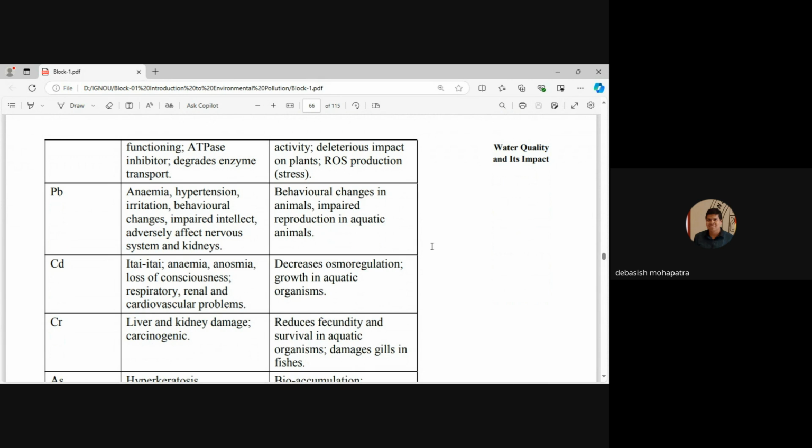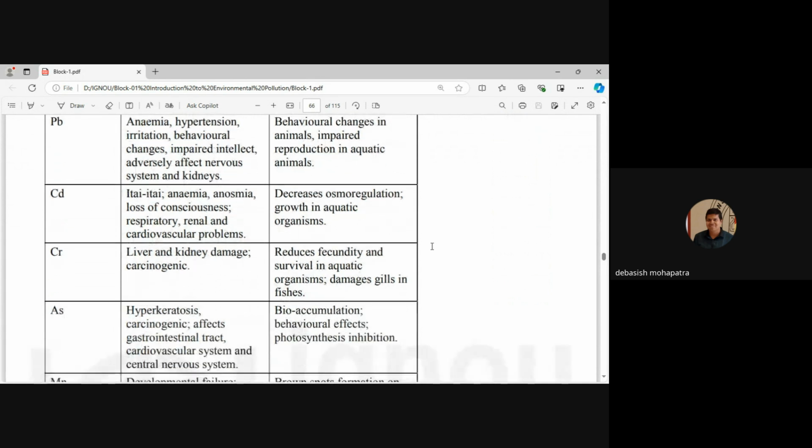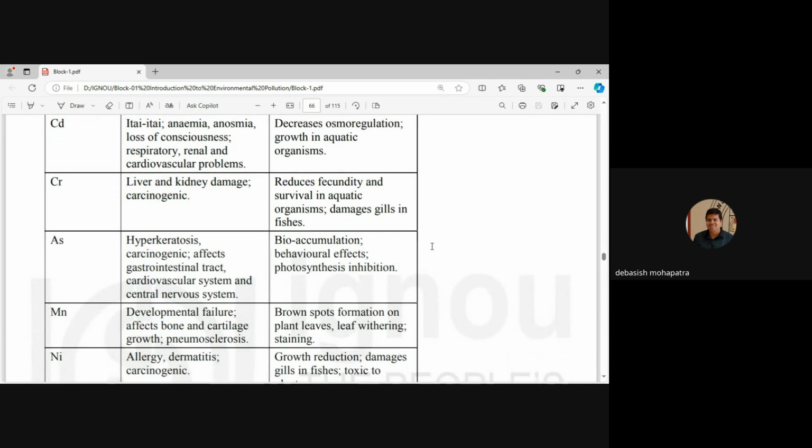Then cadmium: anemia, insomnia, loss of consciousness, respiratory, renal, and cardiovascular problems. Then decreased osmoregulation and growth in aquatic organisms. Chromium: liver and kidney damage, reduction in fertility and survival in aquatic organisms. Arsenic causes hyperkeratosis, carcinogenic effects and gastrointestinal tract problems, cardiovascular disease, bioaccumulation, behavioral effects.